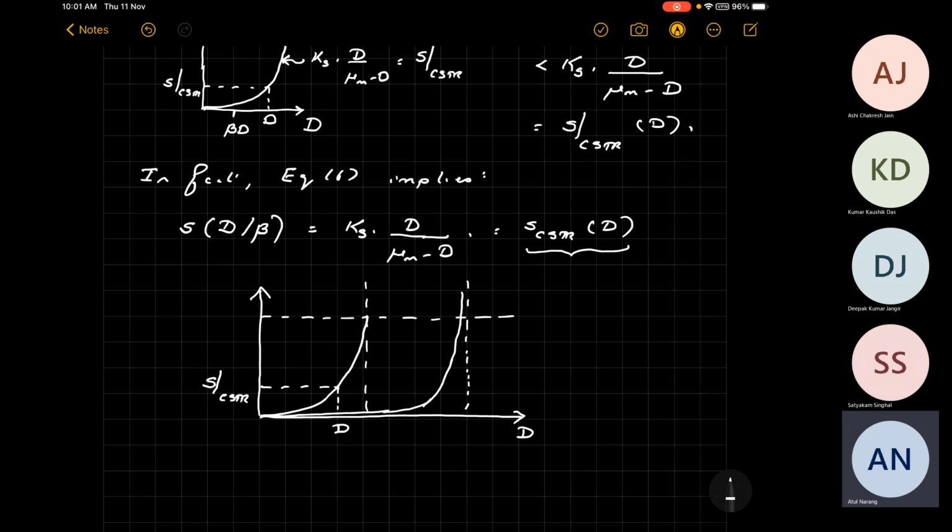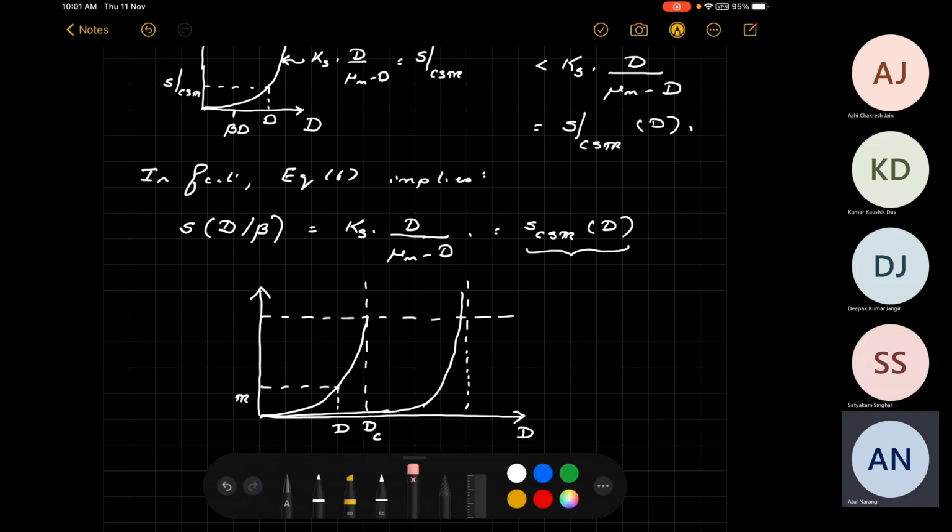And this is D critical, the washout for a CSTR. So I should draw it like this. This is the graph for the substrate concentration in a CSTR. At a particular value of D, this horizontal dashed line, which I should draw in red, represents the concentration of the substrate at the dilution rate D.